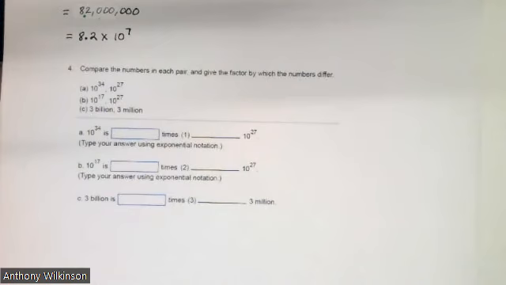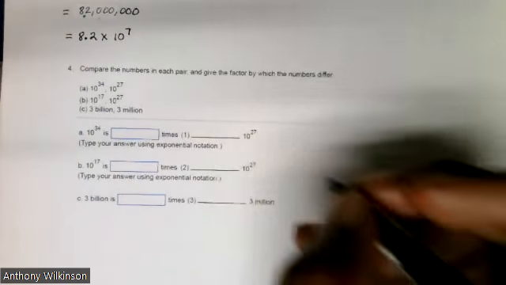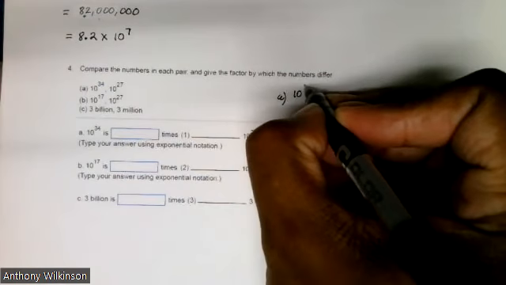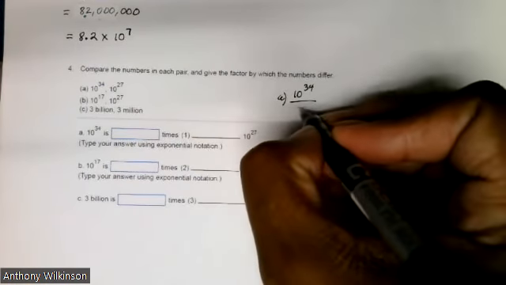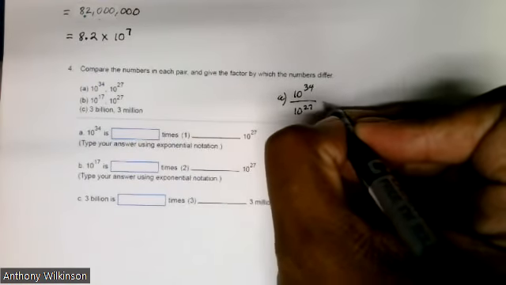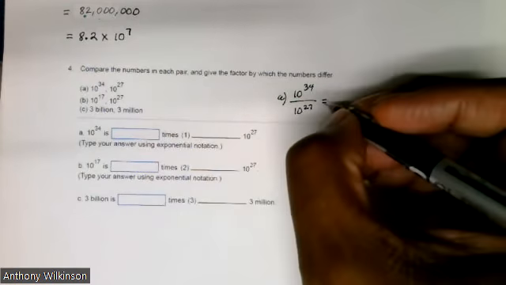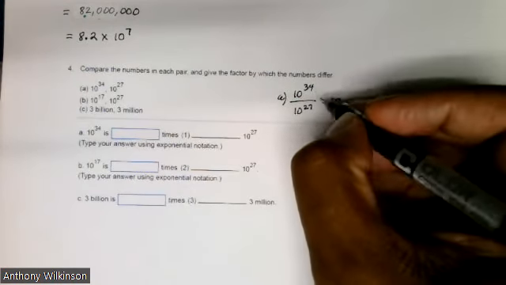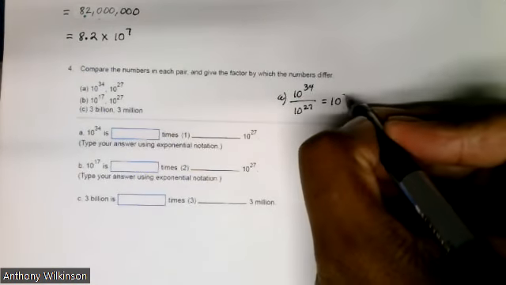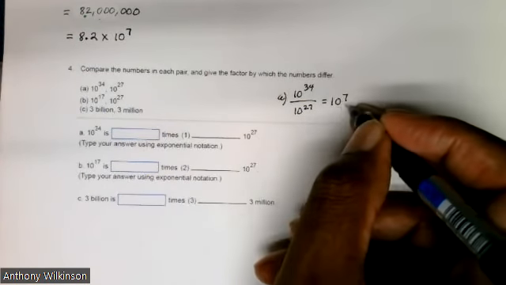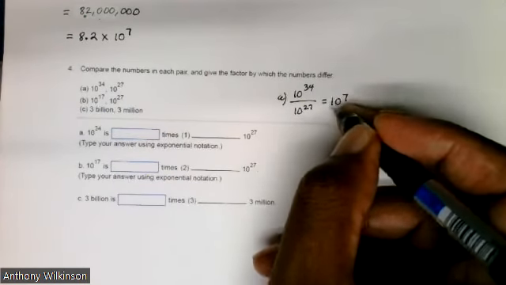All right, in this case here, this is what I'm going to do. I'm going to take that 10 to the 34th, divide that by 10 to the 27th. When you divide powers of the same base, of course, you're going to subtract exponents. So bring the 10 down, subtract 34 minus 27, you'll get 7. So this tells me it is a positive exponent for the power of 10.